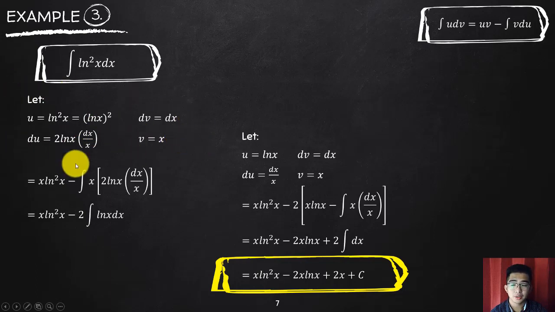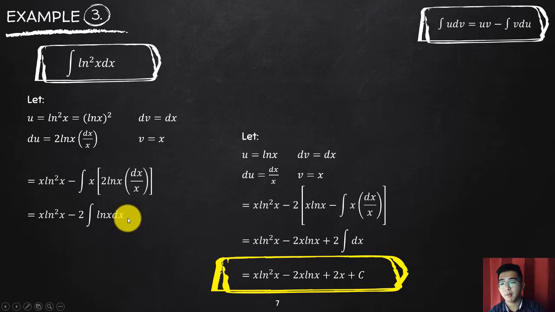So we now have all of the components of your integration by parts formula. So we simply write the formula, that is u times v, x ln squared x minus, okay, that is v, that is x, and then du, 2 ln x dx over x. Notice that x can be cancelled out, 2 can be factored out, leaving you with ln of x dx.